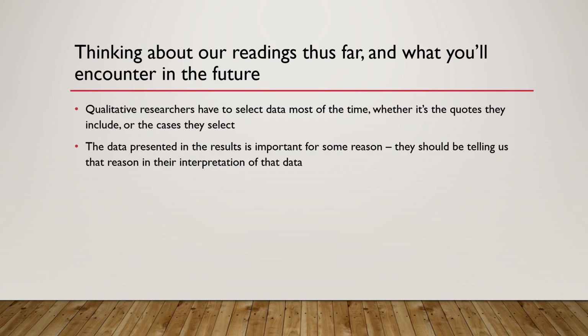So it could happen at the end of the methods if they're telling us about case selection. They should tell us somewhere in their paper why they have picked what they've picked in terms of data. But we should see justification for why things are selected, especially when it comes to cases. When it's quotes, usually it's self-explanatory. If the quote didn't make sense for the theme that you told me it was, then I'm going to question your quality of research.